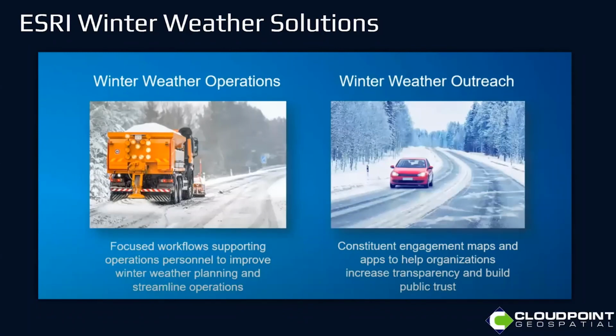On the right-hand side, we have the winter weather outreach solution, which was designed to work in conjunction with the winter weather operations solution by communicating road status and route priorities to the public and offering the public a way to report snow issues like a hit mailbox or a missed road.